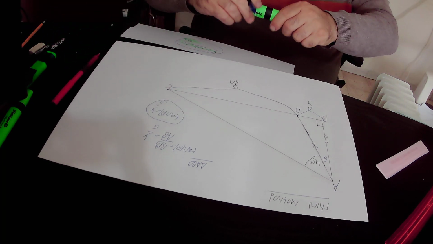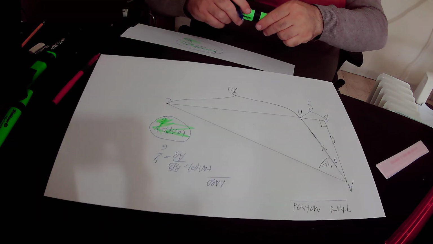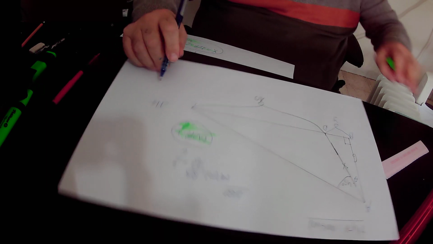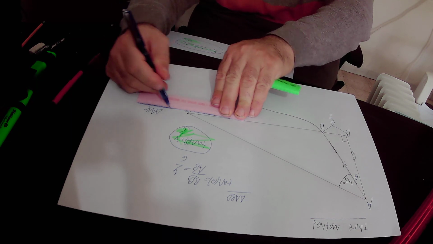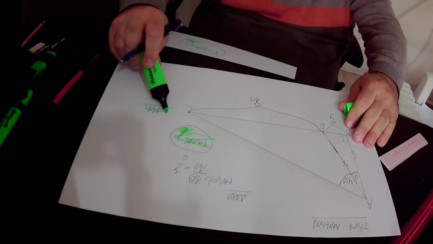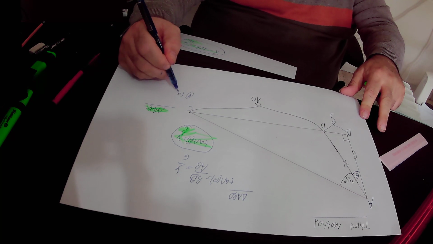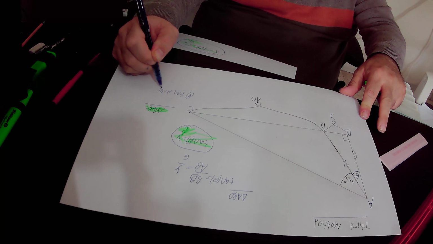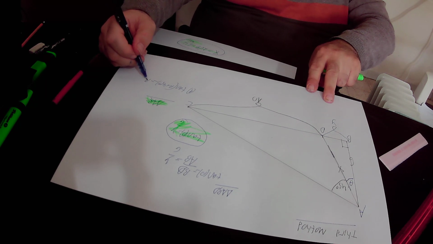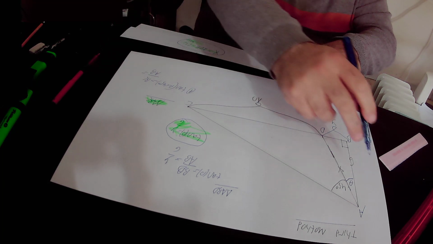Okay? In the next step, we will focus on the right triangle, triangle ABC. In the right triangle, triangle ABC, tangent of theta plus 45 degrees. This will be equation number 1. Tangent of theta plus 45 degrees equals BC over AB.